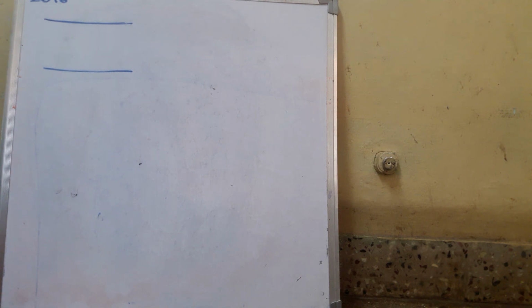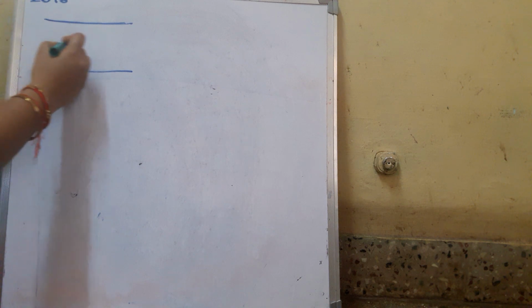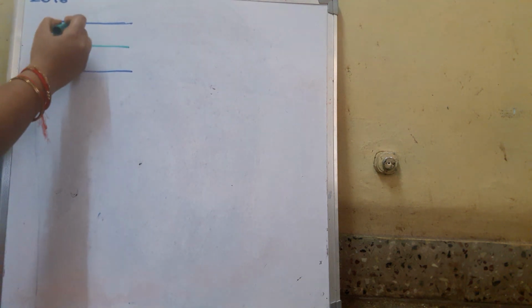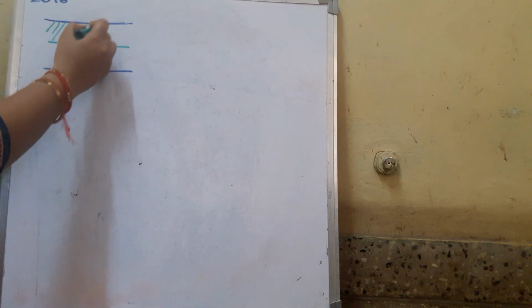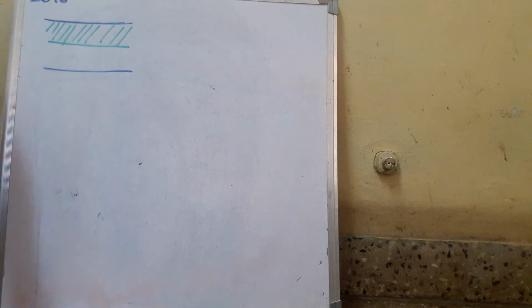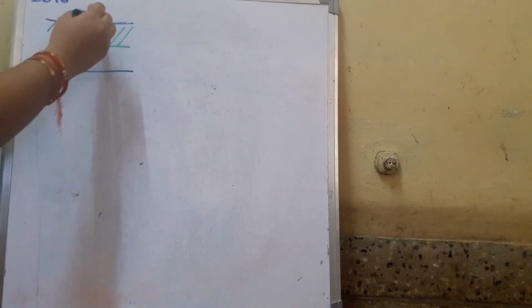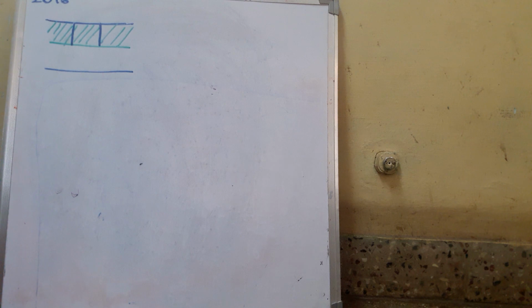A parallel plate capacitor of area A, plate separation D and capacitance C is filled with 4 dielectric materials having dielectric constants K1, K2, K3, K4.